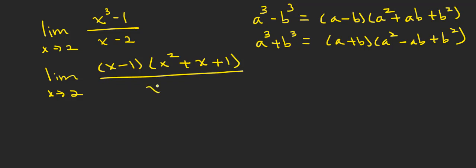Unfortunately, we cannot cancel out anything, so our technique of manipulation did not work here. So it looks like we might have to graph this and see what happens. We might have to graph x cubed minus 1 over x minus 2.